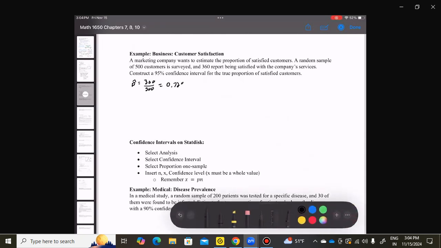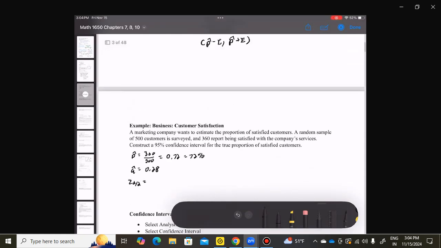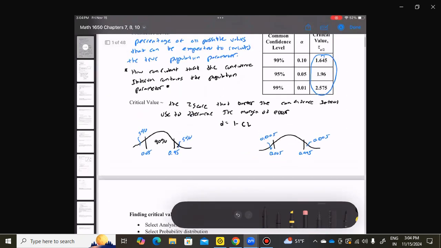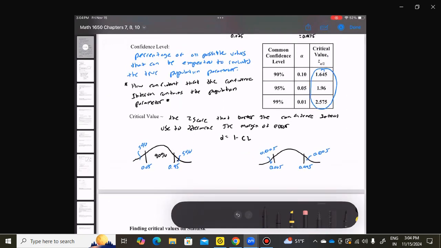That's your p hat, 0.72. Your q hat is 1 minus that, so your q hat would be 0.28. Right. So now we need our z alpha over 2. We're at a 95% confidence interval, so we go back up to that table. That gives our z alpha over 2 as 1.96.